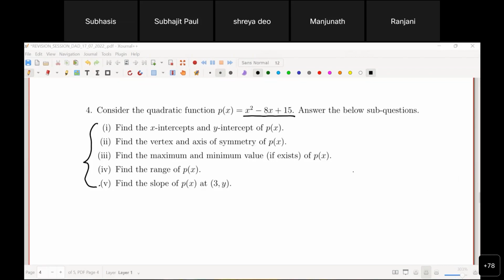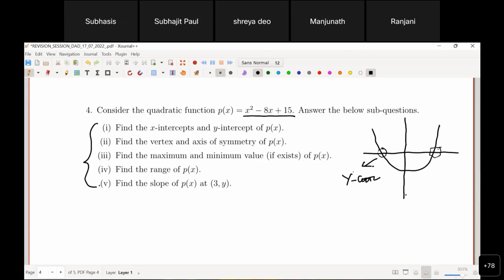So if you draw the graph of a quadratic function, the x-intercept is basically the points where the graph touches the x-axis. This means the y coordinate is 0, which means p of x is 0, because if you pick any arbitrary point, the point is x comma p of x.